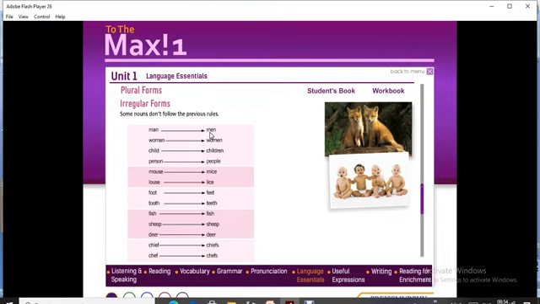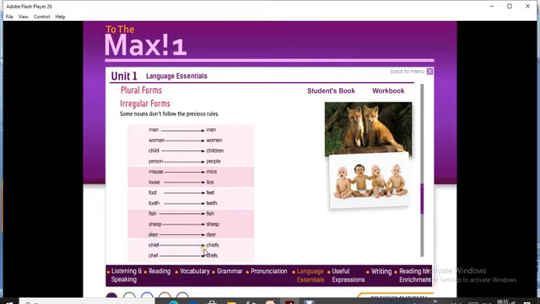Woman, women; child, children; person and people; mouse and mice; louse and lice; foot and feet; tooth and teeth; fish and fish. I mean one fish, more than one fish, two, three fish. Sheep, deer, chief and chef, all are the same.